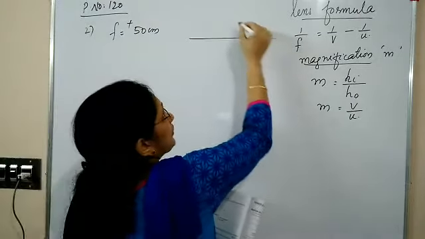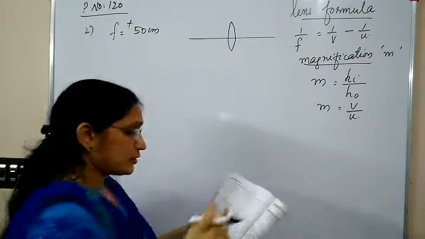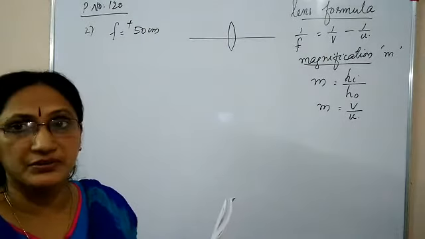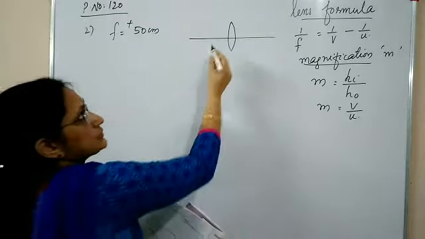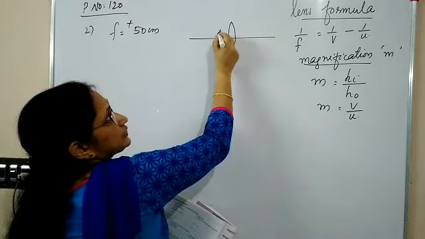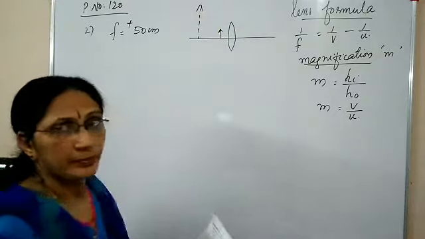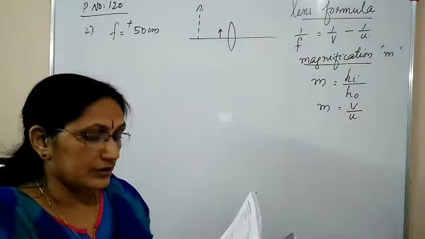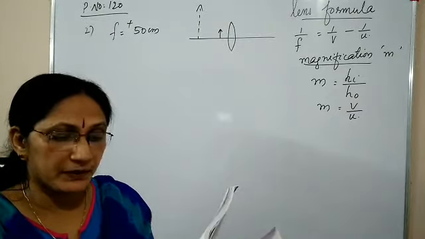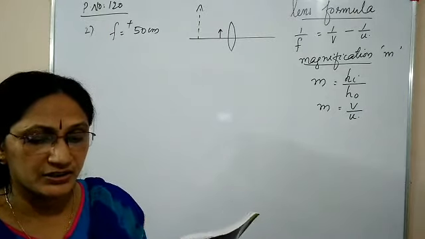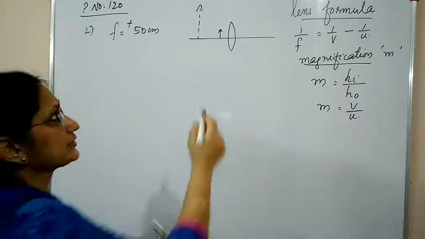It is a case of convex lens, and the image is virtual. You know, a virtual image is formed when the object is very close to the convex lens, and the virtual image will be magnified.